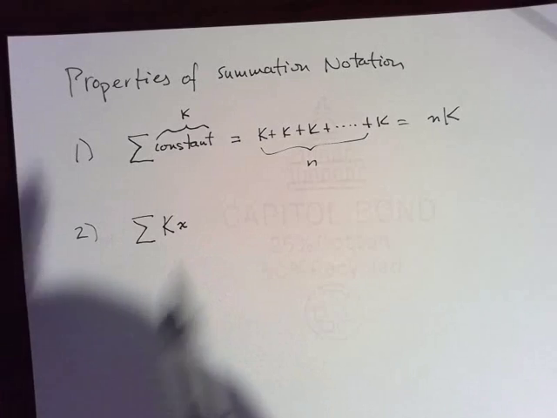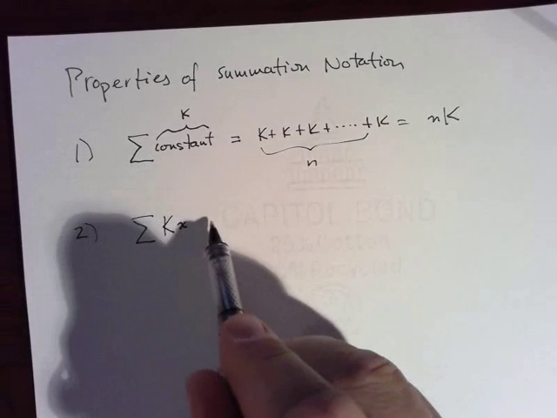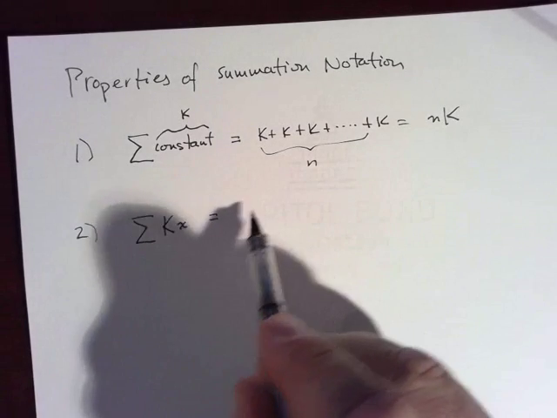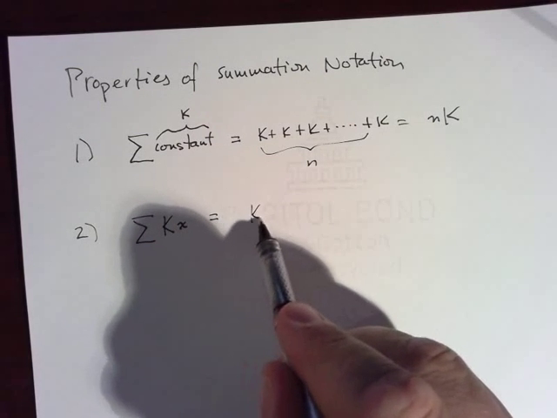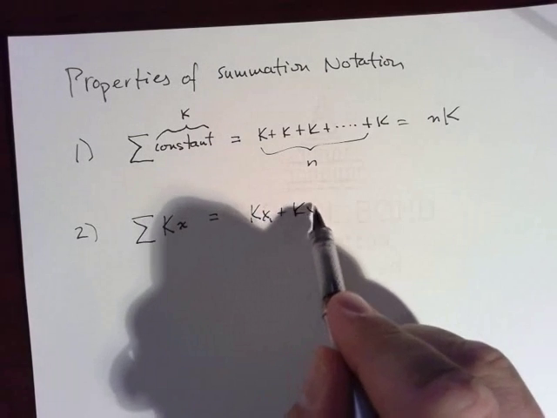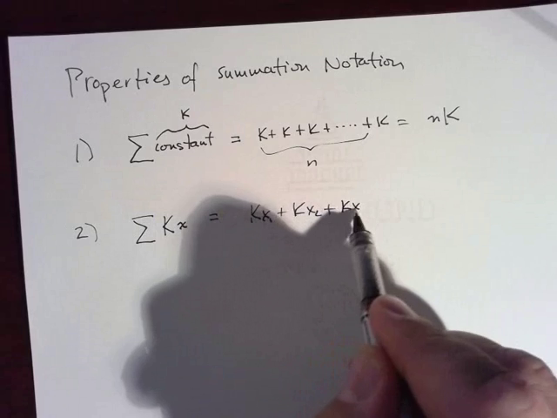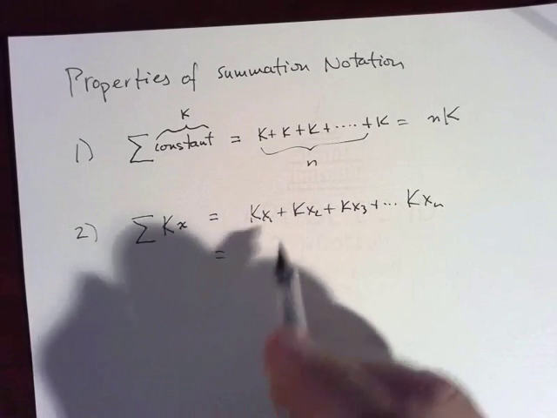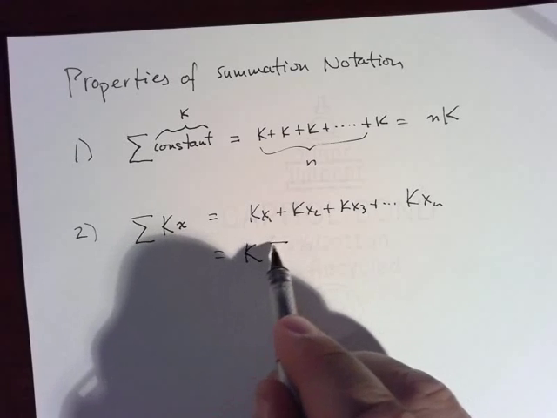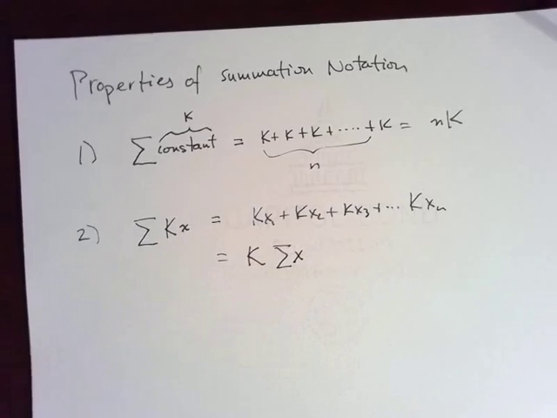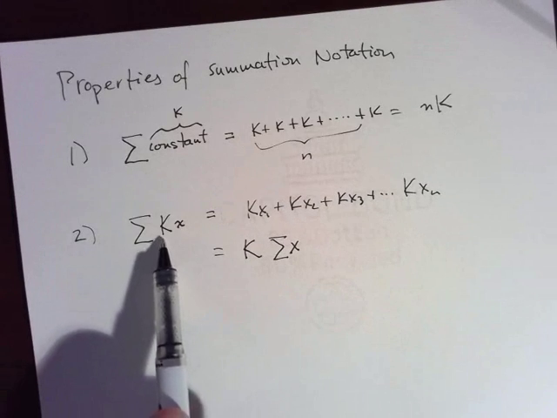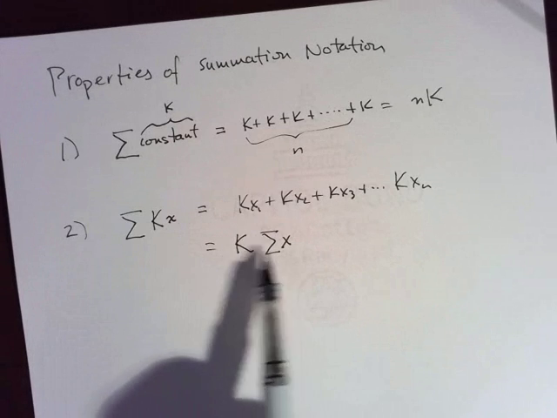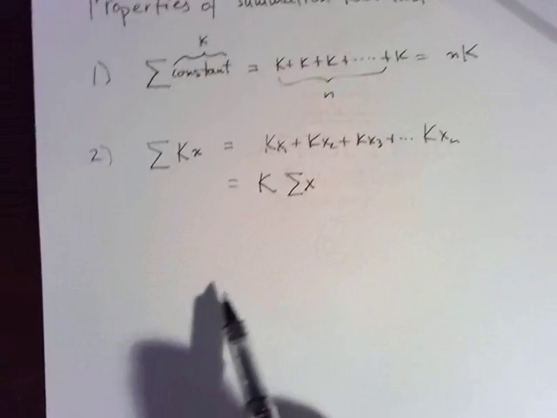But if k is some constant here, then by the distributive property, this would be like kx1 plus kx2 plus kx3. By the distributive property, you can factor out that k. So you get k sum x. So a constant multiplying something can be factored out of the summation.